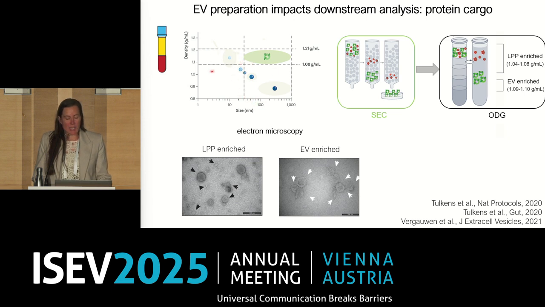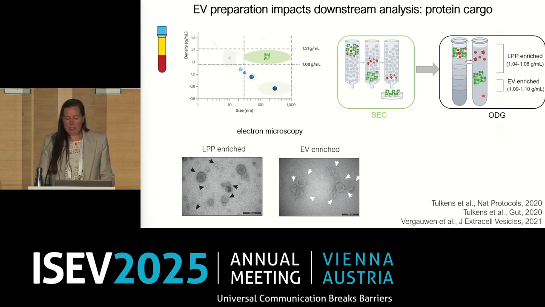Lower density lipoprotein particles overlap in size but differ in density, indicating that if we would combine both, we would likely be able to separate extracellular vesicles from the lipoprotein particles. So we set up a SEC in combination with density gradient centrifugation and analyze the different types of fractions.